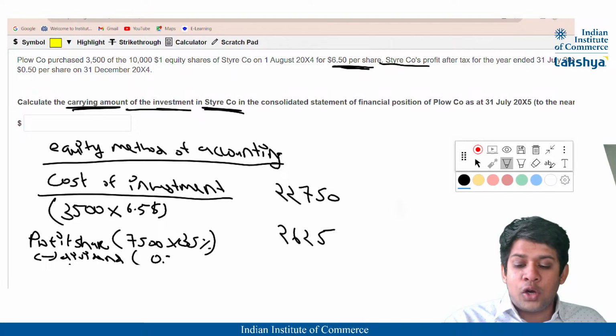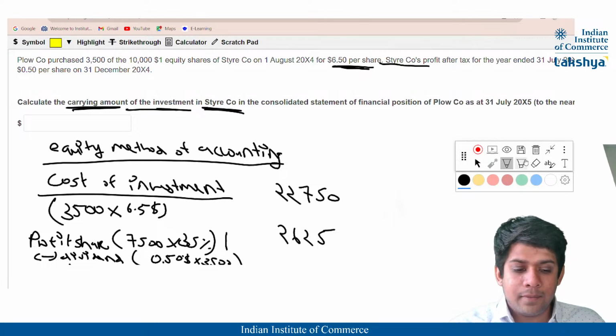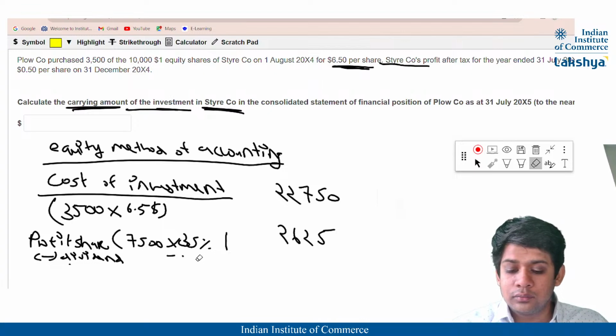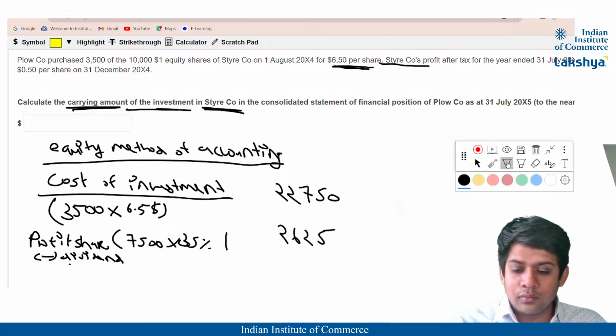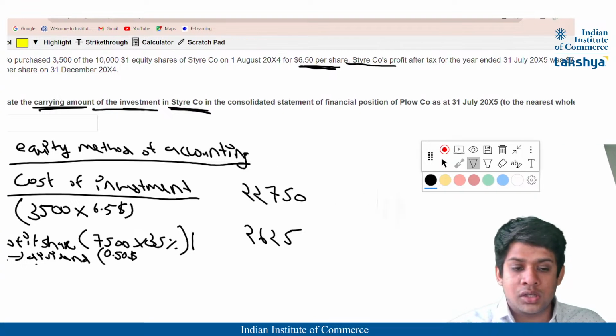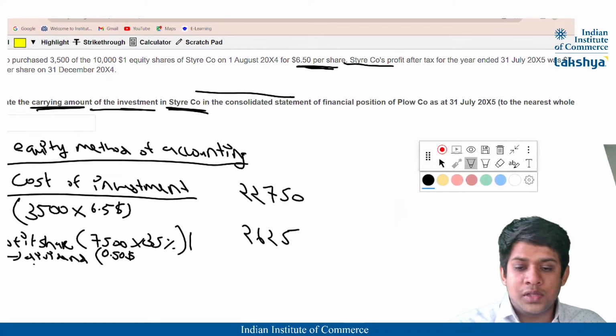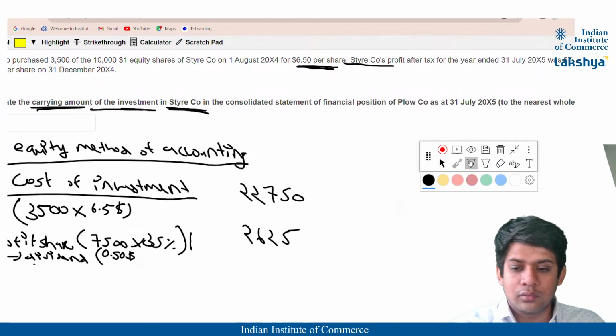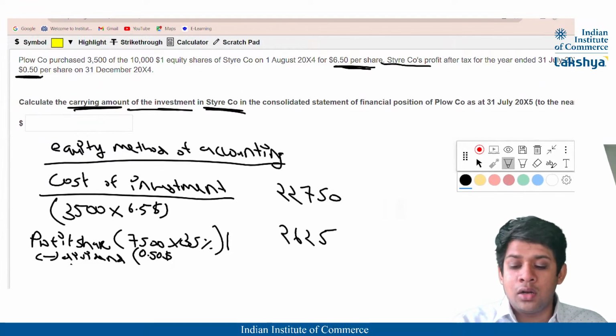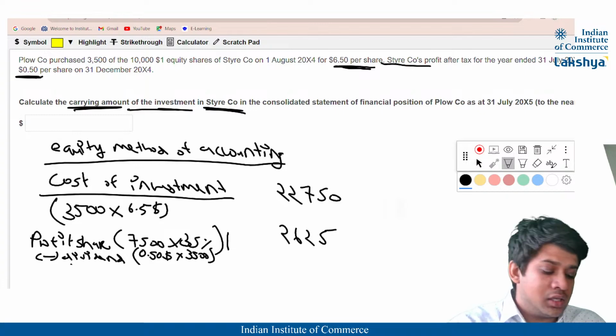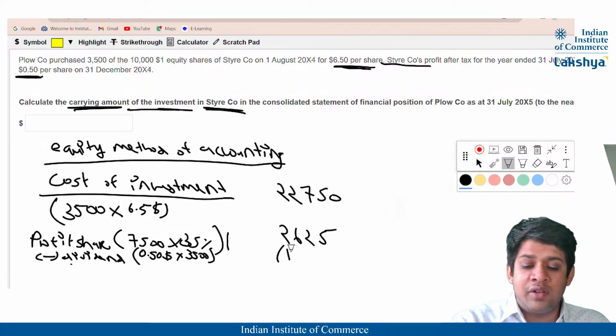The dividend paid is $0.5 per share and I have 3,500 shares, so 0.5 into 3,500 gives 1,750.